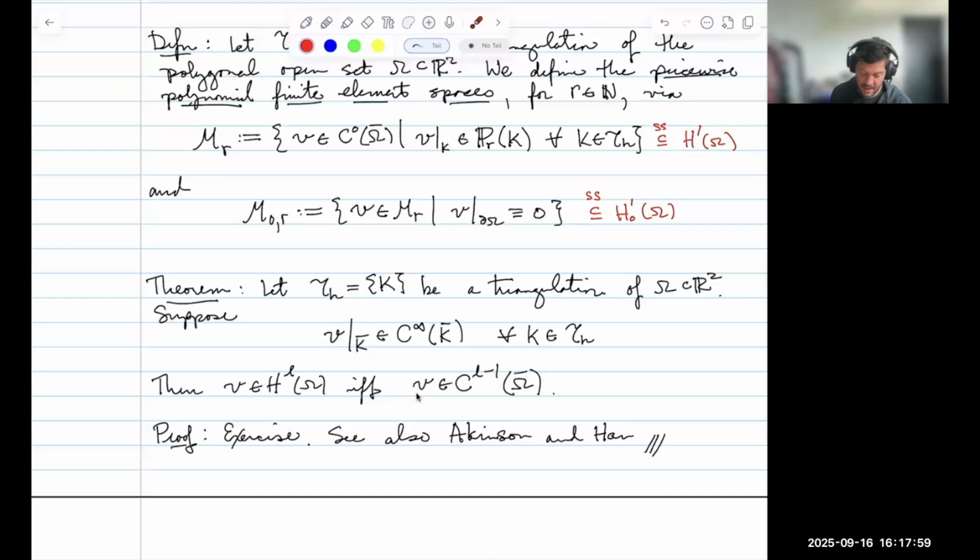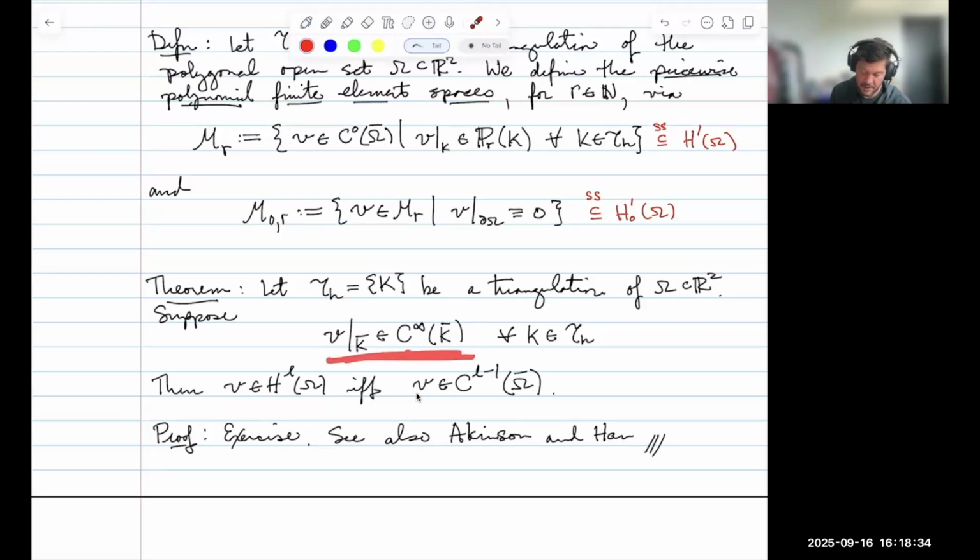That means it has l weak derivatives, which are also L2 functions, if and only if v is globally C^(l-1) over omega bar. So if I want to know that a particular space has a certain amount of regularity, a certain number of weak derivatives, then I need to know two things.